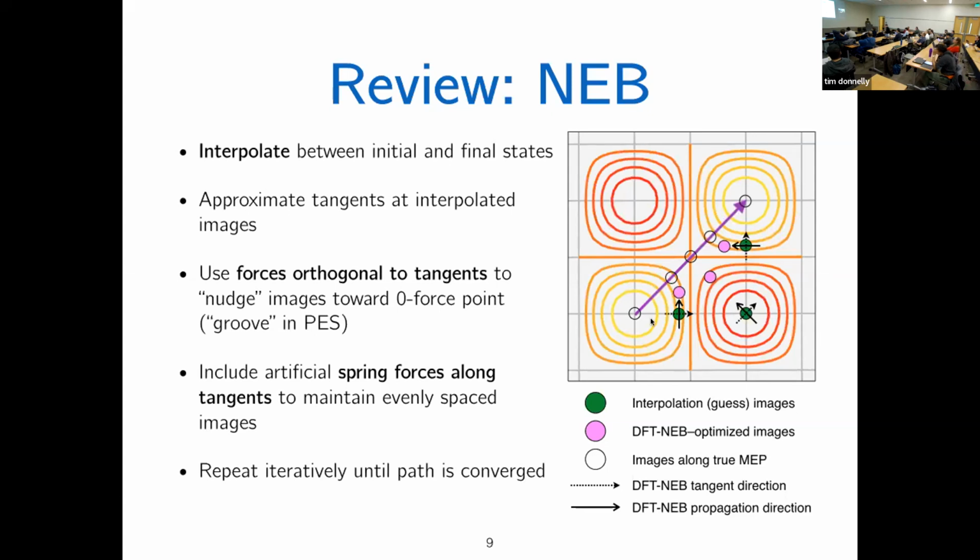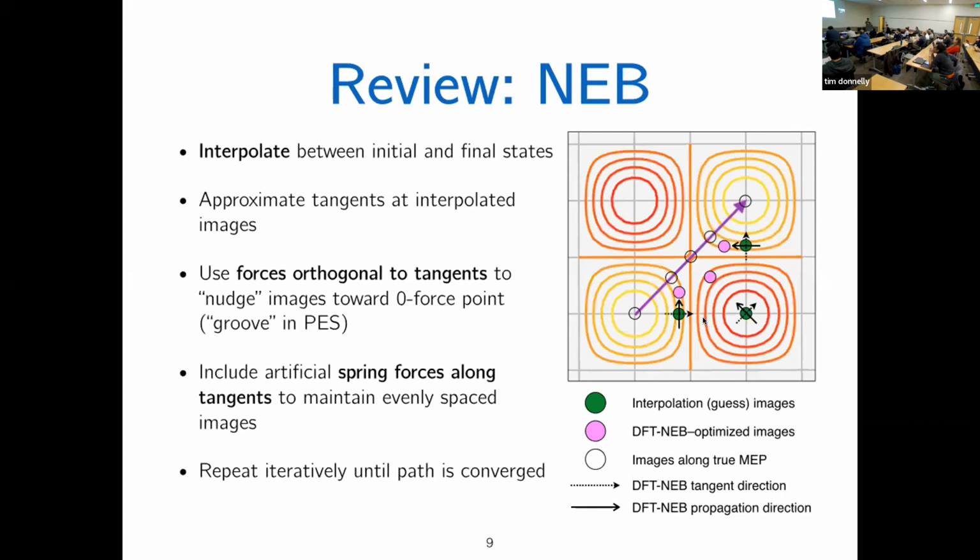You use other methods too, but I'll summarize this because it's pretty popular in the catalysis community. So let's say you have two equilibrium states, which are these points in the yellow region of the energy contour. And then you have some interpolated path, which is the green points, which is typically a bad approximation to the MEP. What you do is then you compute tangents along the path at each of these points using some formula that I won't get into, and then you calculate the forces on each of the atoms at each of these configurations.